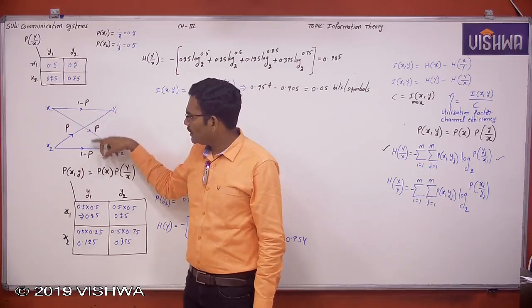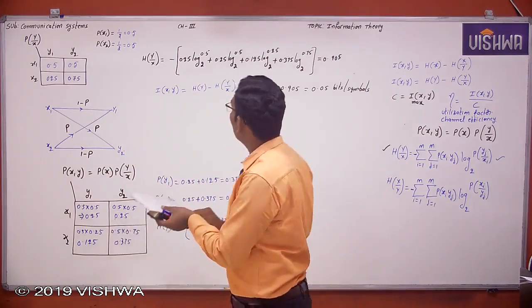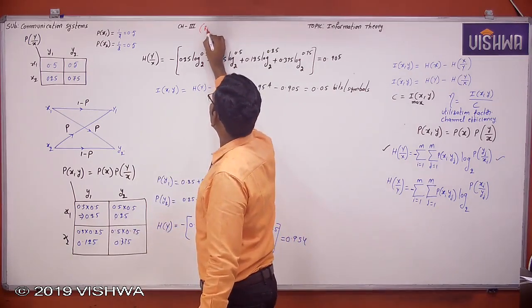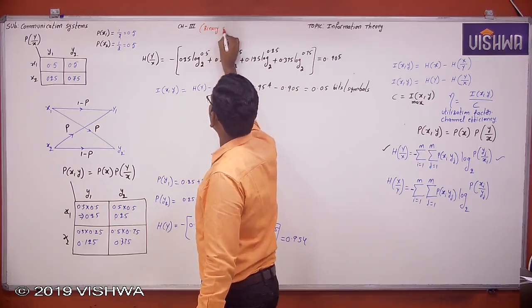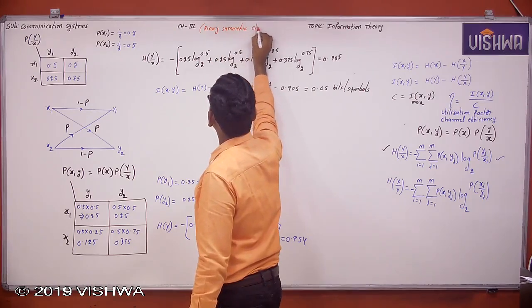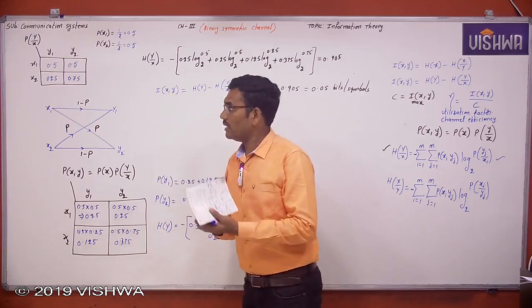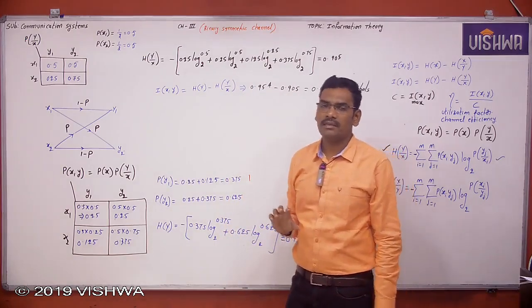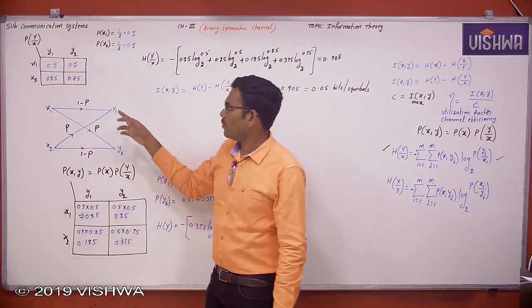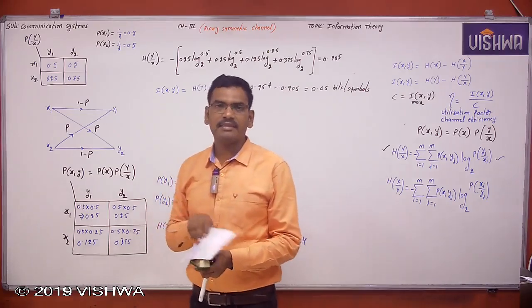If the error probability is the same for both the channels, that channel diagram is called a binary symmetric channel.